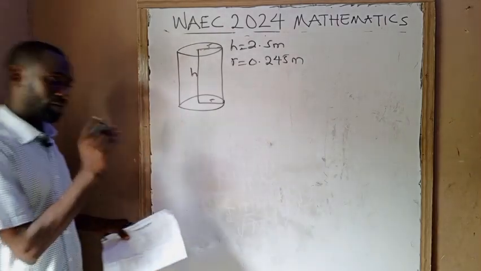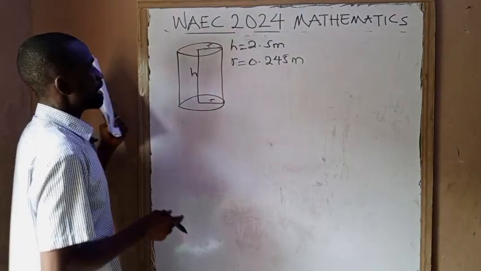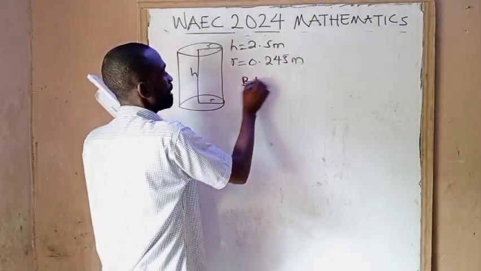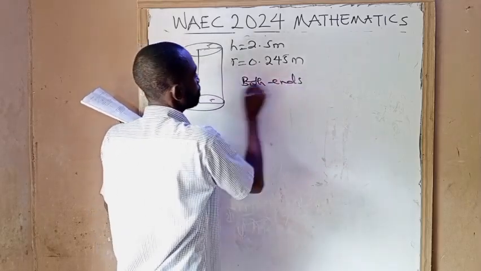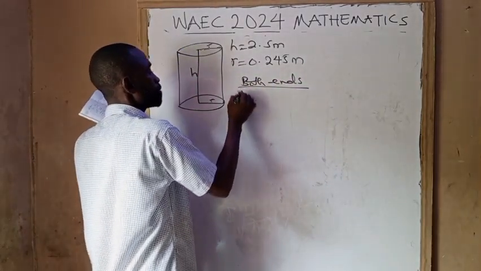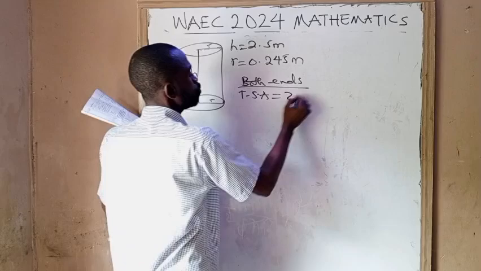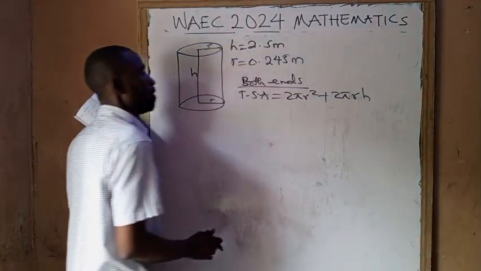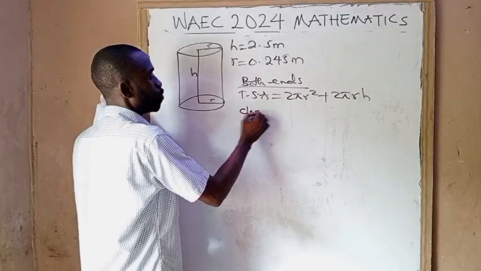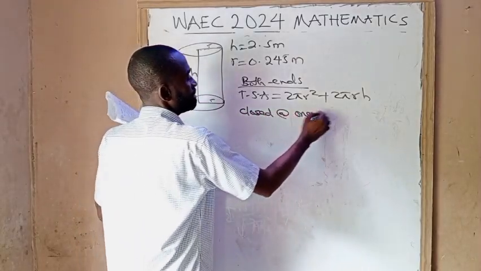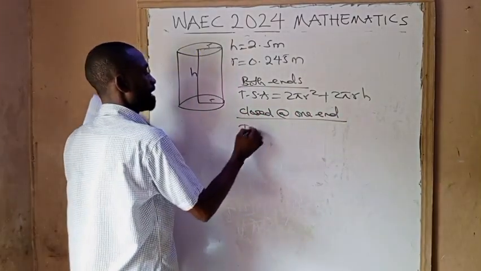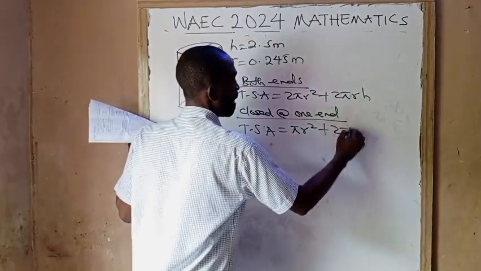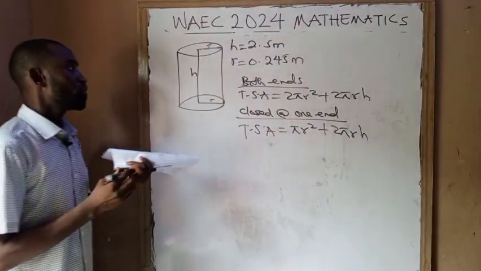If it's closed at one end, now look at this. For both ends, the total surface area is equal to 2 pi r squared plus 2 pi r h. But if it's closed at one end, the total surface area is pi r squared plus 2 pi r h.